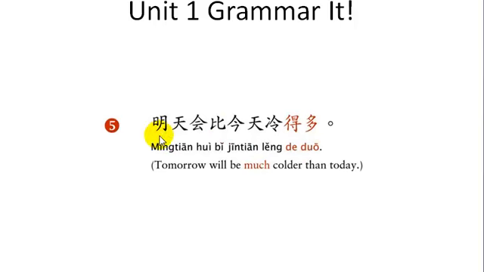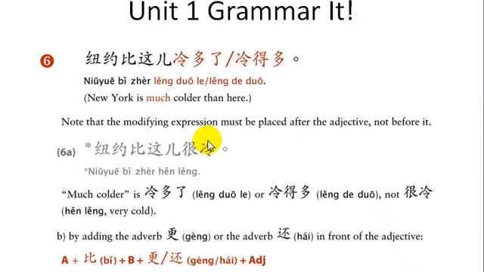Here's another example. 明天会比今天冷得多. So this is saying tomorrow will be a lot colder than today. Here's another example. 纽约比这儿冷多了.